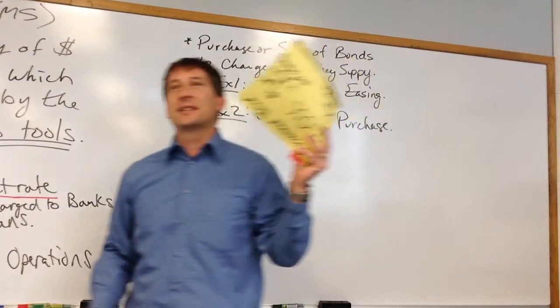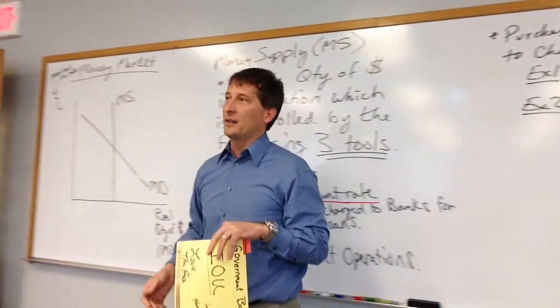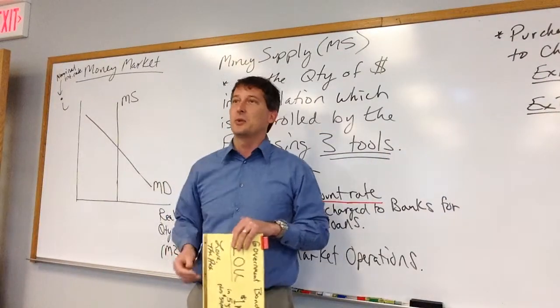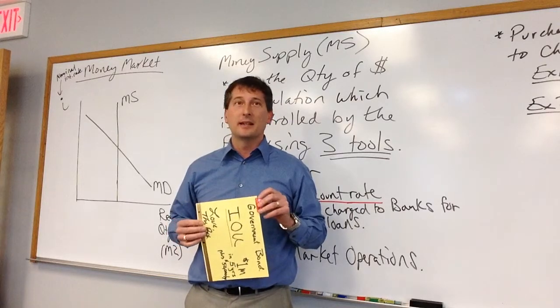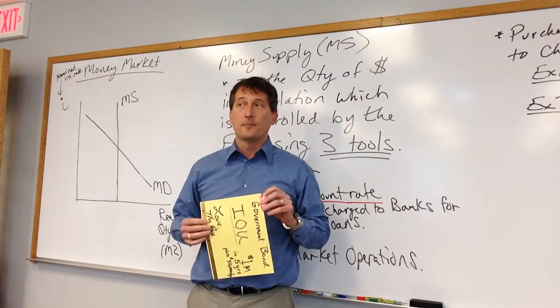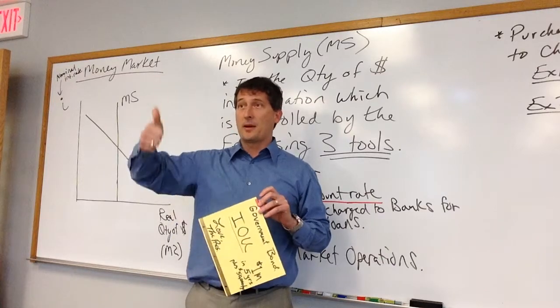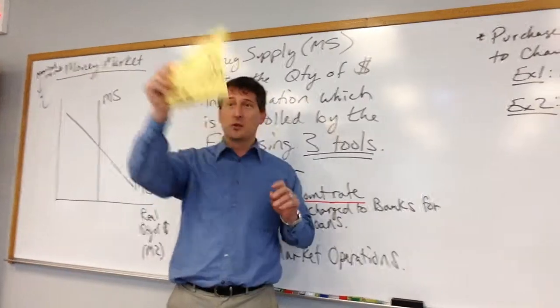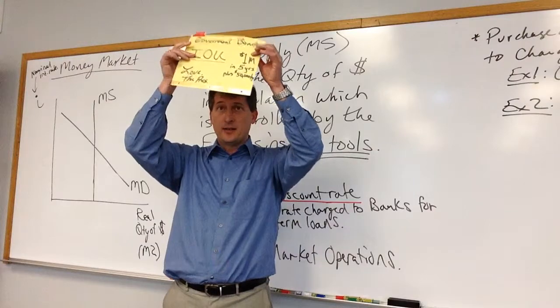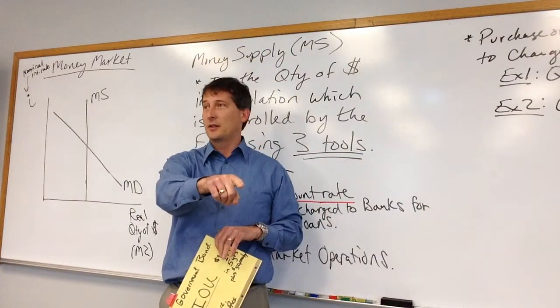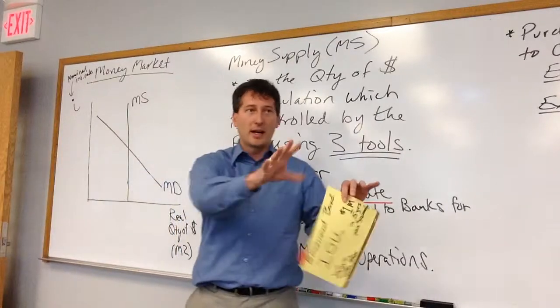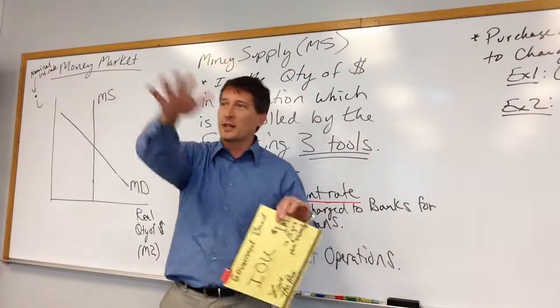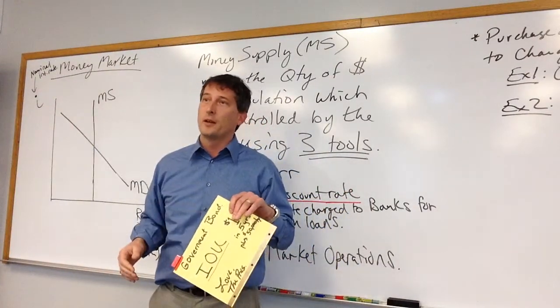What happened to the supply of money? Marchand's just a private individual out in the world. What just happened to the supply of money in the United States? It went up, right? Marchand is no longer holding a bond. He's holding cash. And now he's going to go put it in his account and go get a loan and do whatever. The money's going to start circulating just like we saw before.